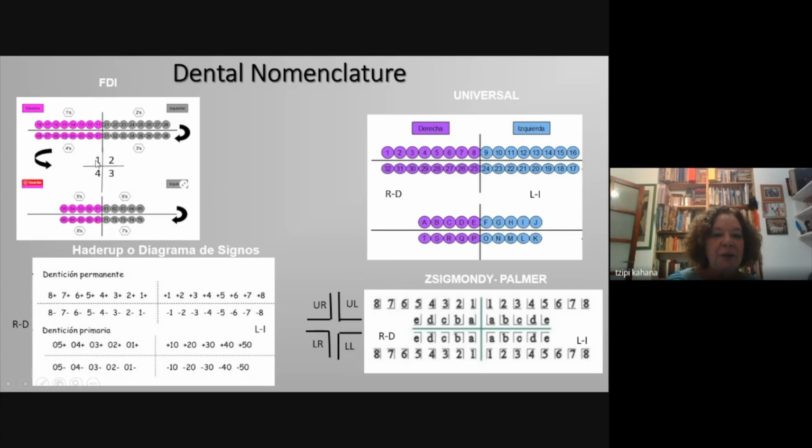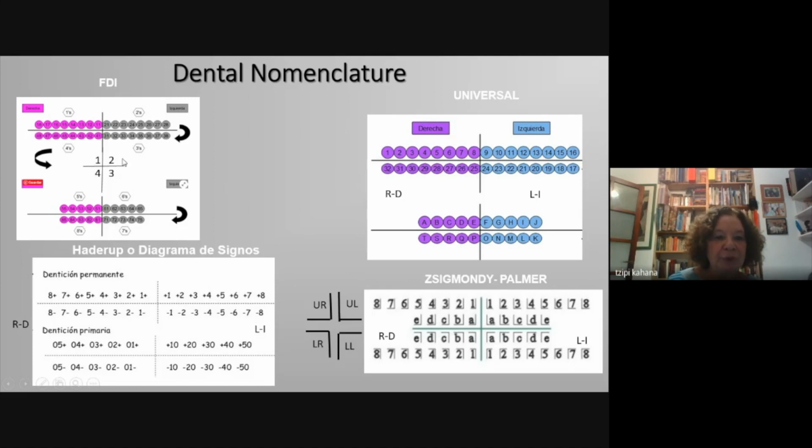The upper right is number 1, the upper left is number 2, lower left is number 3, lower right is number 4. Within each one of these quarters, we have 8 teeth. Tooth number 1 in the upper right quarter would be 11. On the left one, it will be 21, 22, etc.